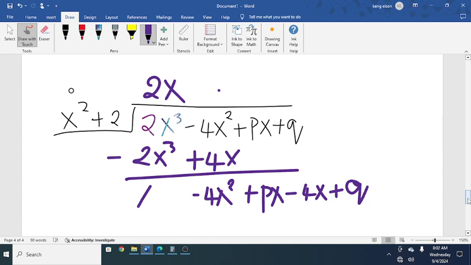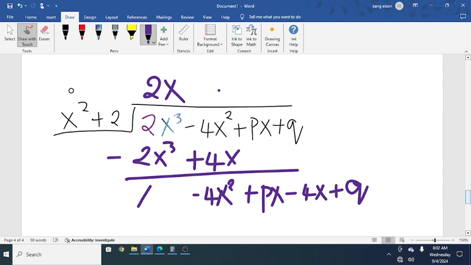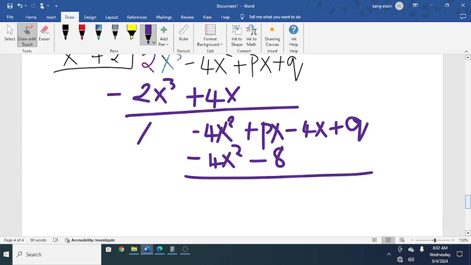Next, I'll divide again. If we take negative 4x squared divided by x squared, we are going to have negative 4. If you multiply, we have negative 4x squared minus 8. Now if we subtract, we are going to have 0 here, and here we are going to have px minus 4x plus q minus negative 8, which is q plus 8.